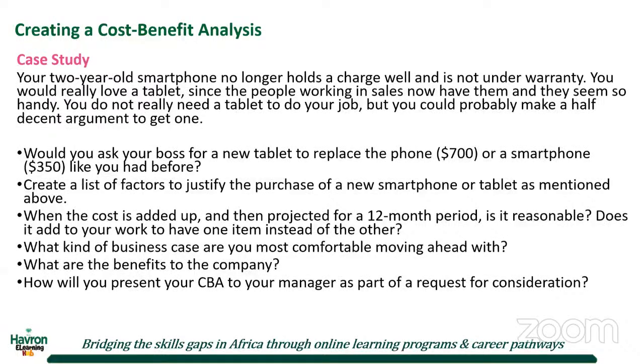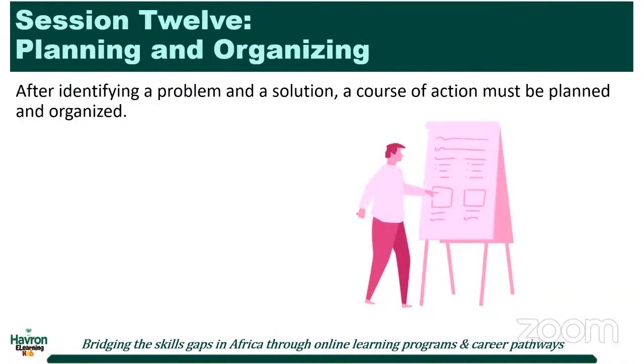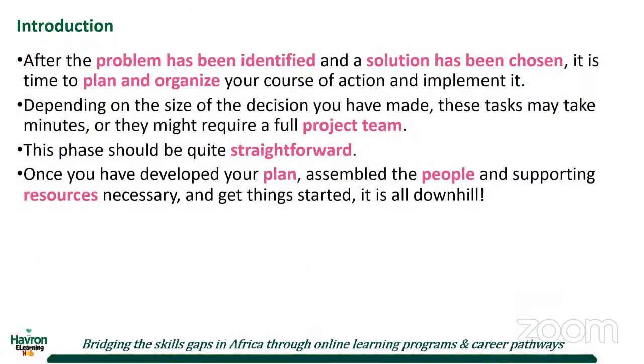We are going to look at planning and organizing. After identifying a problem, a course of action must be planned and organized. Depending on the size of the decision you have made, this task may take minutes or might require a full project team to make sure everything is in place.